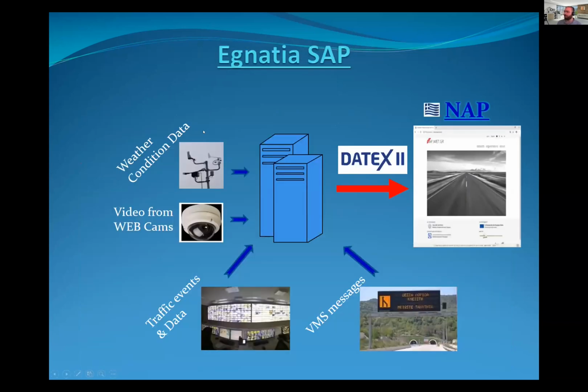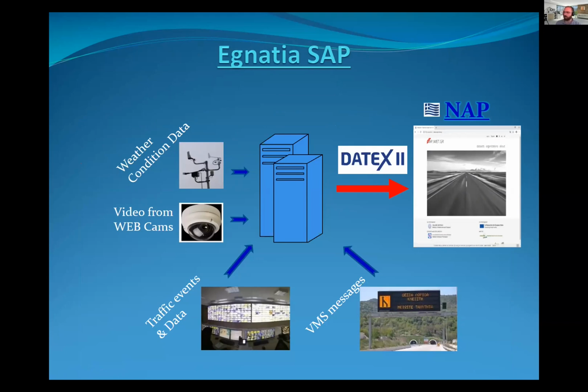Now, the Egnatia single access point is a server inside the operator infrastructure where multiple data get organized and collected in a single location.